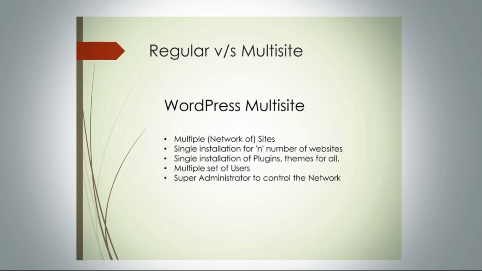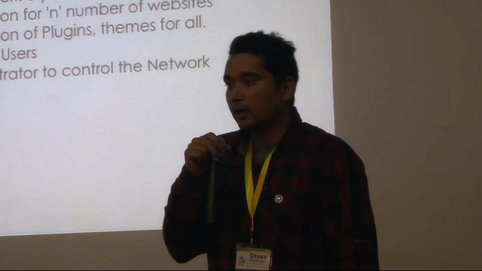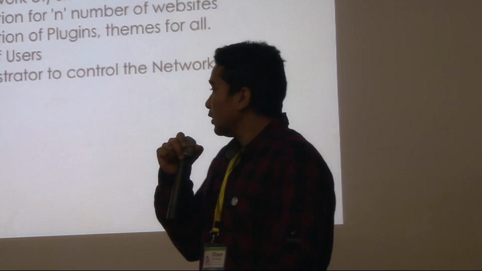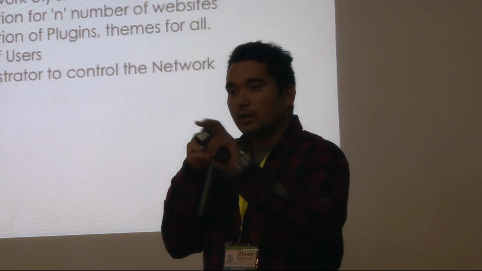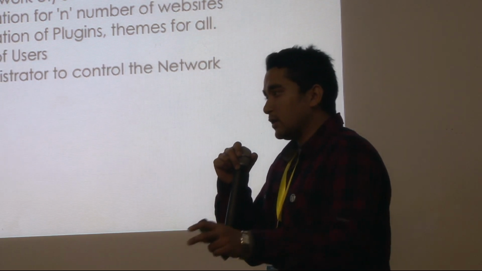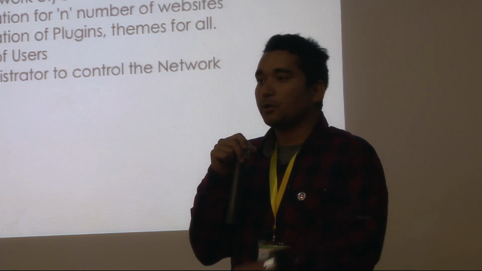So let's go into detail, like the network of multiple sites. Maybe you have 10 sites and you want to host them on WordPress, but then you'll have to make 10 installations of WordPress. Say all 10 of your sites are using the same particular theme.